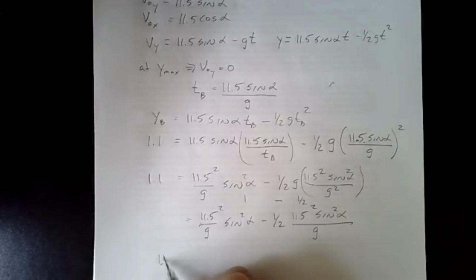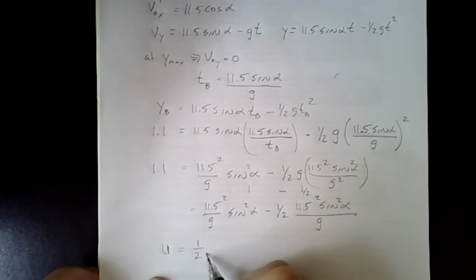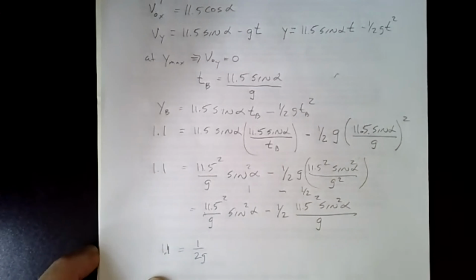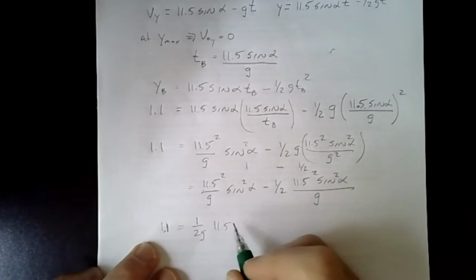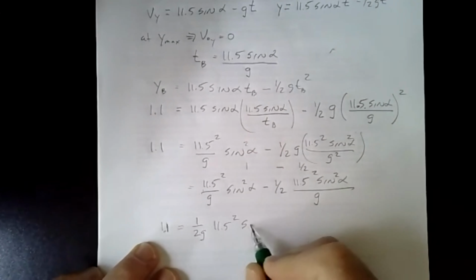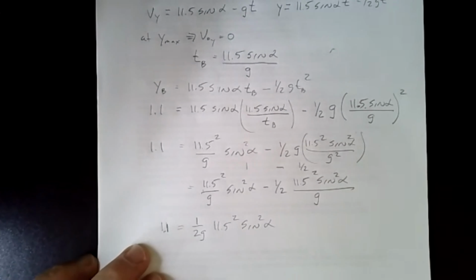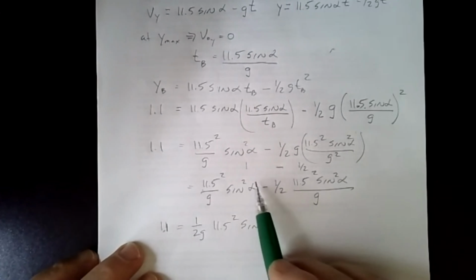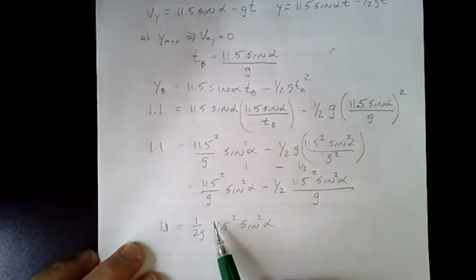And so we end up with 1.1 equals 1 over 2G times 11.5 squared times sine squared alpha. Make sense? All I did was, this was like 1, this is like a half, subtracted, and that's what I have. So now I can solve.